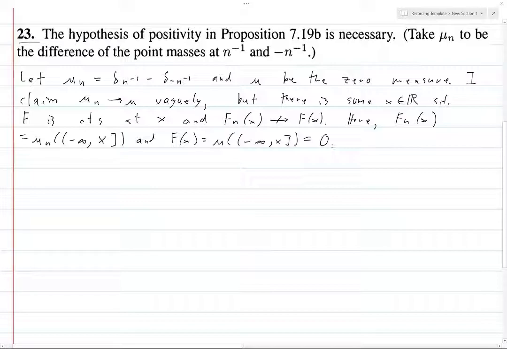So basically what proposition 7.19b said was that if mu n converges to mu vaguely, then at every point at which capital F is continuous, we have capital Fn x converges to capital F of x.